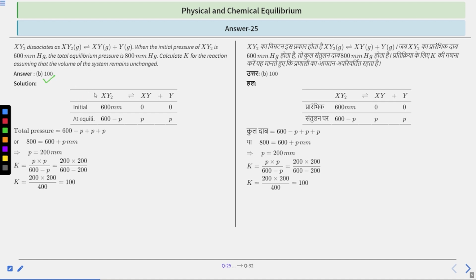So this is the reaction given, a dissociation reaction. XY2 dissociates into XY and Y. Initially, the pressure of XY2 is 600 mmHg, and XY and Y are 0 and 0.